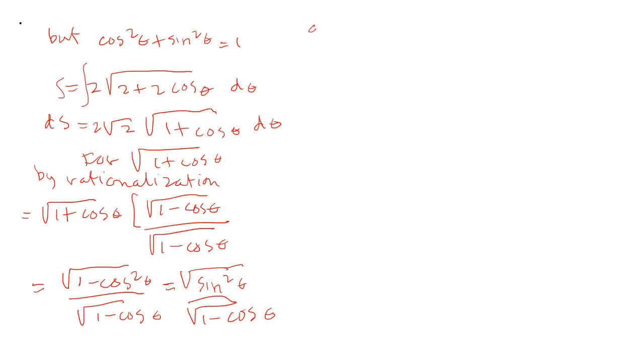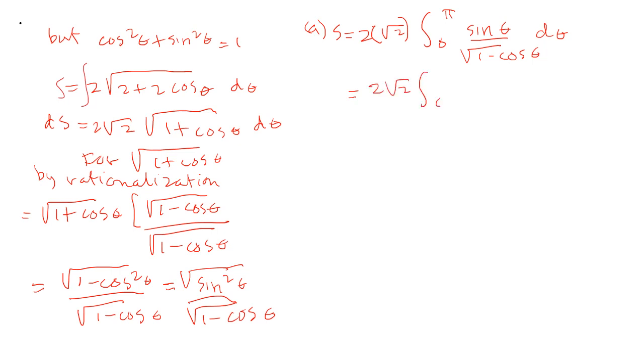So for letter A, the length equals 2 times square root of 2 times the integral from 0 to pi of sine theta over the square root of 1 minus cosine theta d theta, which equals 2 square root of 2 times the integral from 0 to pi of (1 minus cosine theta) to the power minus 1/2 times sine theta.